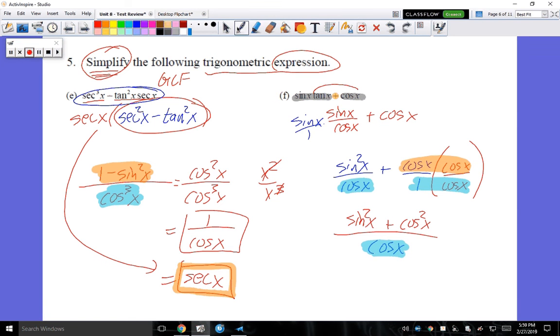From identities, we know sine squared plus cosine squared is equal to 1 up top. Nothing happened with the cosine. So this, simplified out, would also give us a secant of x. Because remember, when you are simplifying, you're trying to get something that does not have that fraction piece. And we're just going to say it as secant, cosecant, tangent, or cotangent, or any of those trigonometric functions as they are simplified.